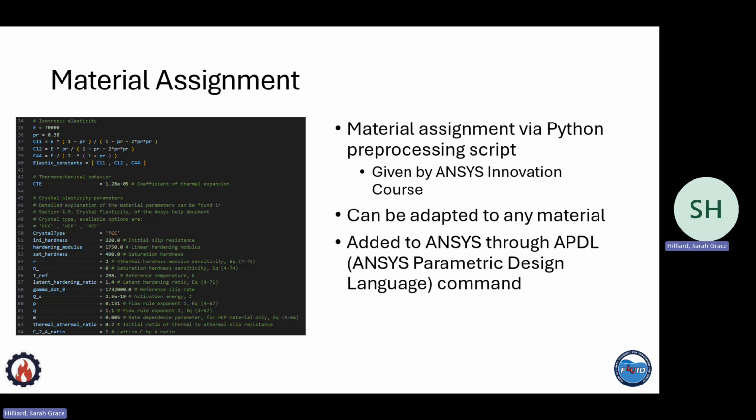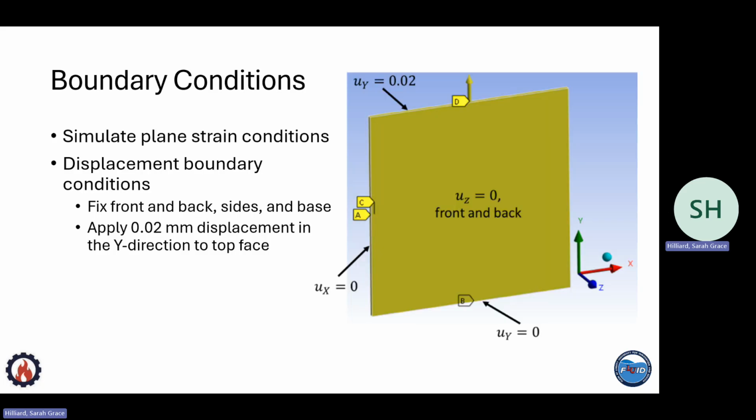The really great thing about doing material assignment via Python is that it can be adapted to any material, provided you have the crystal plasticity parameters, like the crystal type, the slip resistance, the linear hardening modulus, etc. If you have those parameters, you can just put them into the Python script and get the material assignment parameters for any material. We added the material assignment parameters to ANSYS through an APDL command.